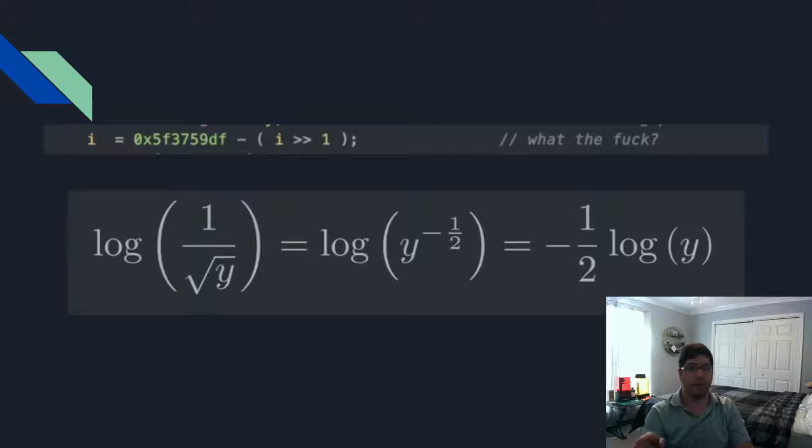You then figure out that you can equivalently do the same thing by instead of doing the inverse square root, you take the negative 1/2 log of the variable. What's important here is the 1/2 represents the square rooting. So because you can now do bit manipulation, you shift to the right.